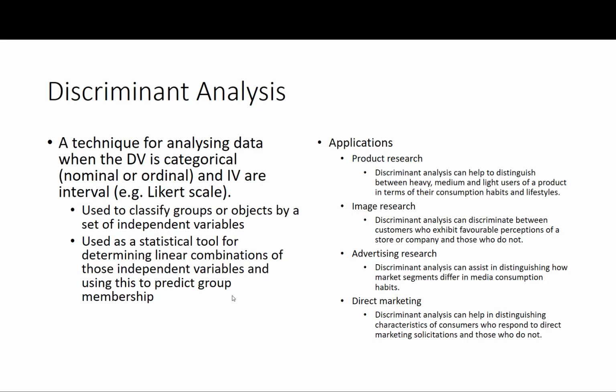So if we can determine someone's perceptions of satisfaction, or how much they like a stimulus object, say a brand or an ad, we can then predict whether they are male or female, whether they live in a certain location, that sort of categorical data.